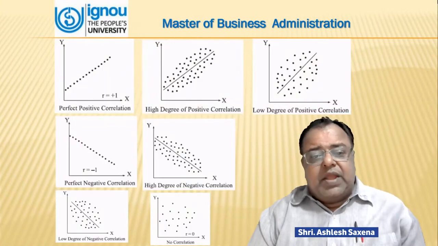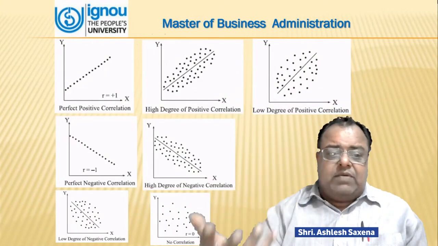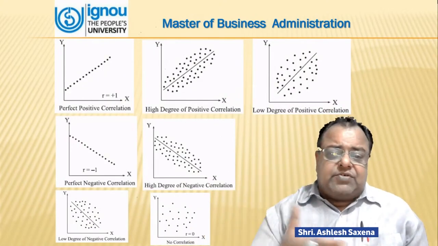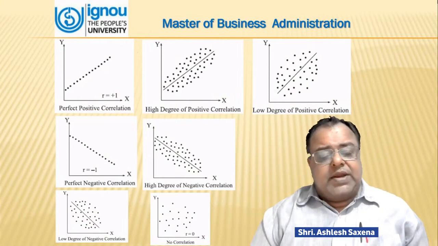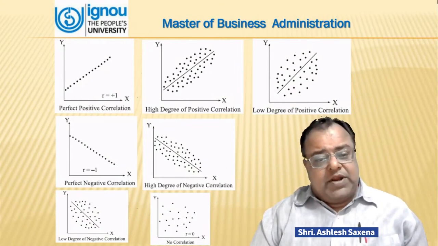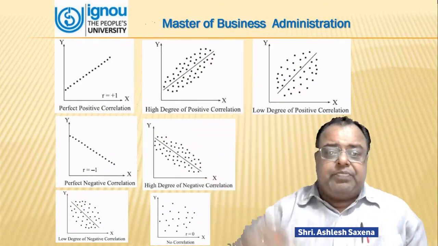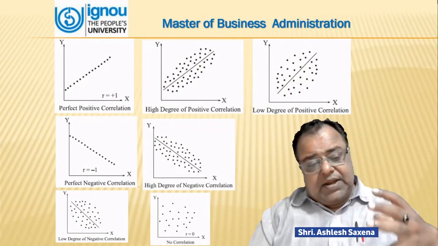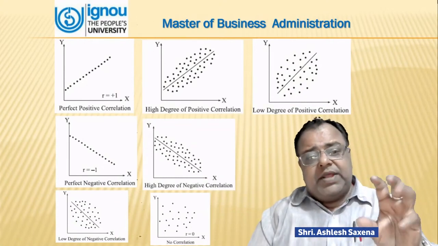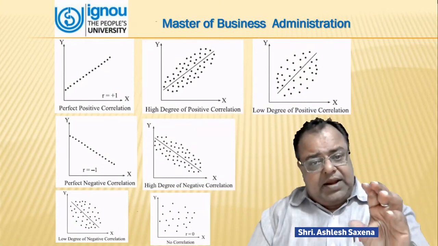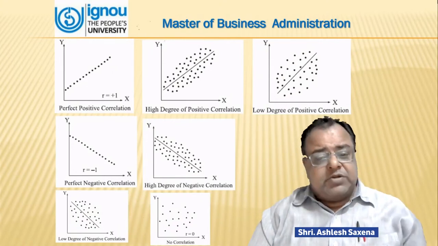You can see it after plotting the observations on the graph. If the points form a straight line, that is perfect positive correlation. If the points are scattered and moving up, and the width between them is small, then there is a high degree of positive correlation.